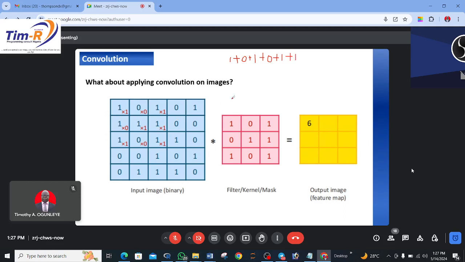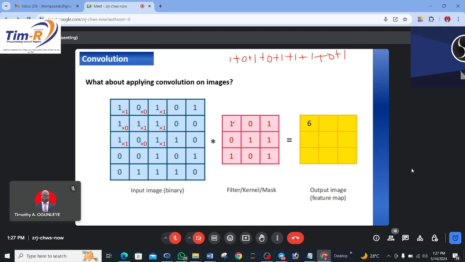Then 0 times 0 is 0, and we have 1 times 1, so plus 0 and plus 1. When we add it, 1, 2, 3, 4, 5, 6. So we are going to have our 6 here.